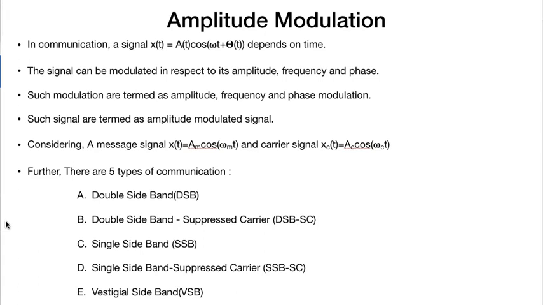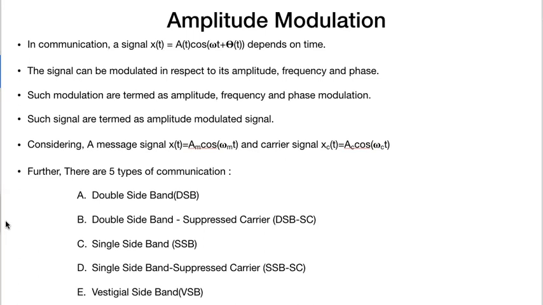What is amplitude modulation? In communication, there are three types of variation that help in modulation, that means modulating a signal so that it can carry information. In communication, a signal x(t) is equal to A(t) cos(omega t plus theta(t)), where t is the time reference.